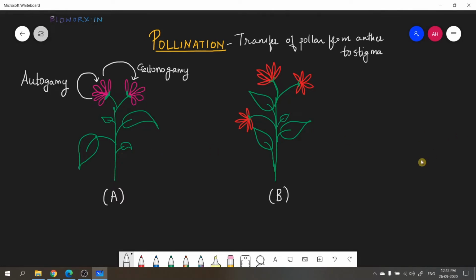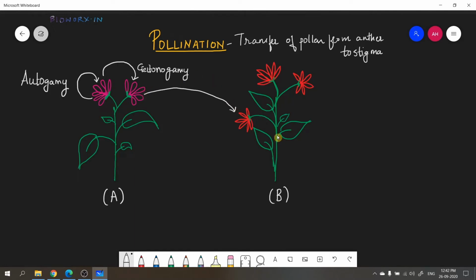Now the third and the last kind of pollination is called as Xenogamy, and it is transfer of pollen grains from anther of a flower to the stigma of another flower on a different plant, right? You can see this is one plant, this is another plant, and the pollen are getting transferred from one flower of one plant to another flower of a different plant.